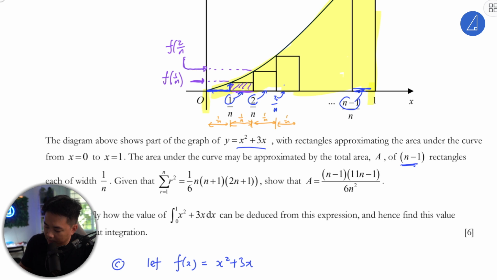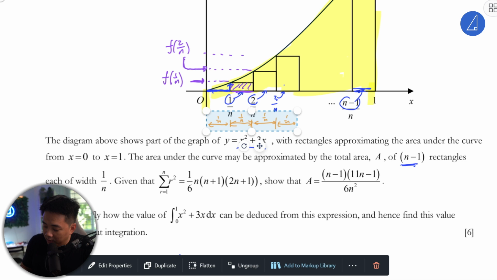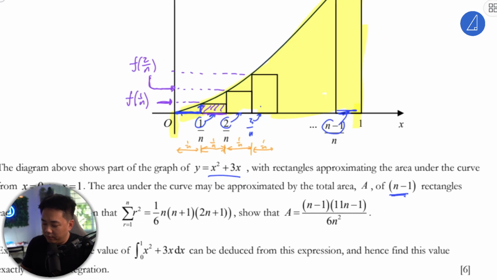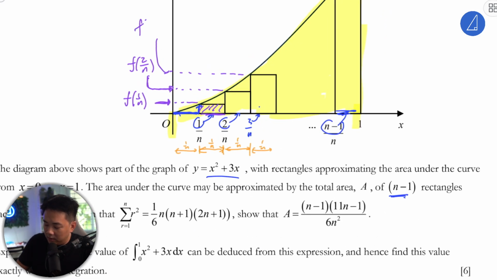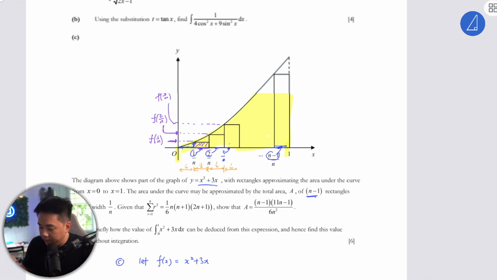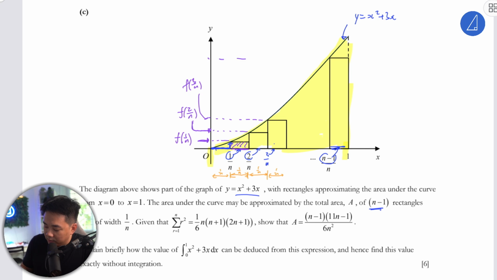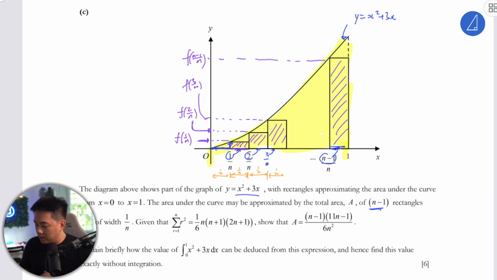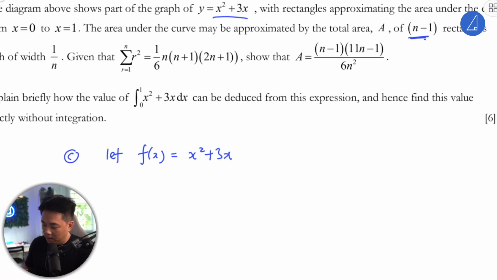But take note, the width of each rectangle is 1 over n. Now eyeball the first rectangle and the last rectangle. The last one will be f((n minus 1) over n). You're taking the left, so this is the left Riemann sum.